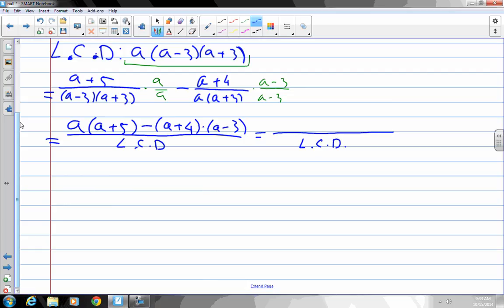You distribute the a, it becomes a squared plus 5a, right? And then you FOIL these two parentheses, order of operations, multiply before subtract. So we're going to keep a minus. And when you FOIL, you get a squared minus 3a plus 4a minus 12. Still in the parentheses because of the negative.